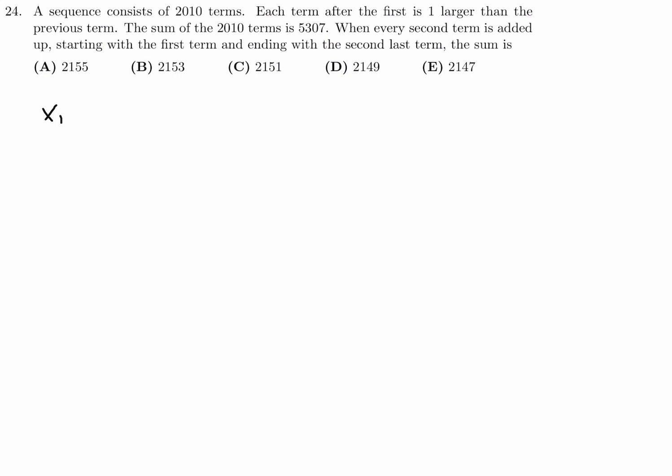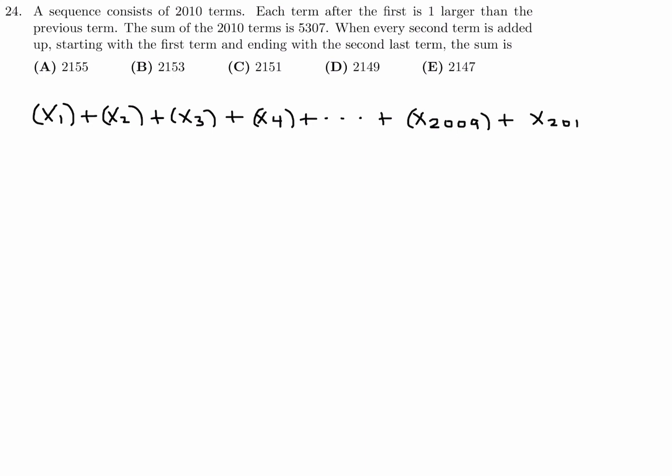We have some terms, x1, x2, and so on, right? All the way until you get to 2010. There's 2010 terms. And they're saying that this whole thing is equal to 5307.